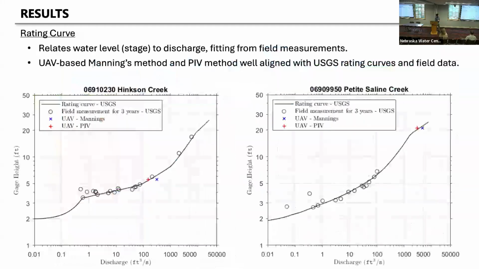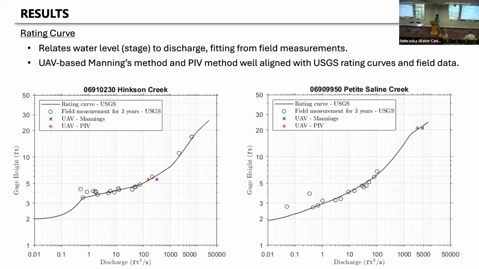So this is a rating curve from the USGS website, and these gray points are the field measurements over three years. The blue crosses are the Manning measured features, and the red crosses are the PIV measured features.